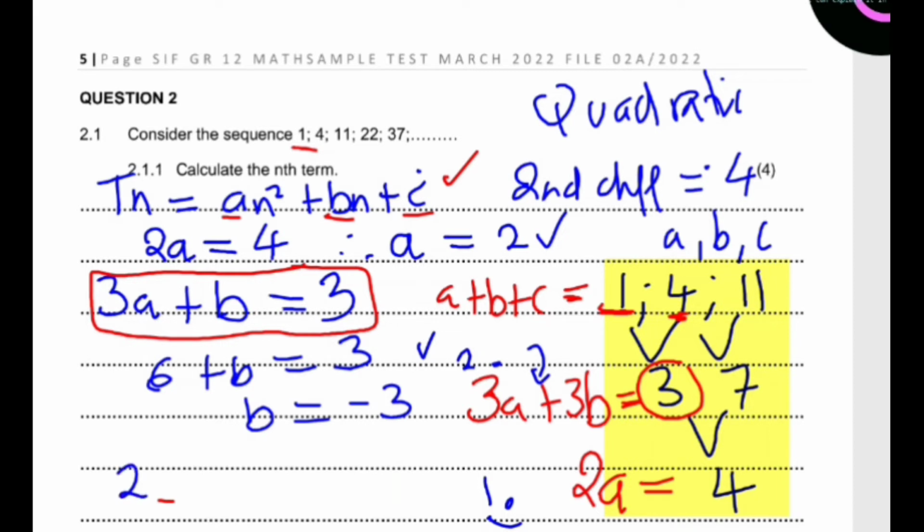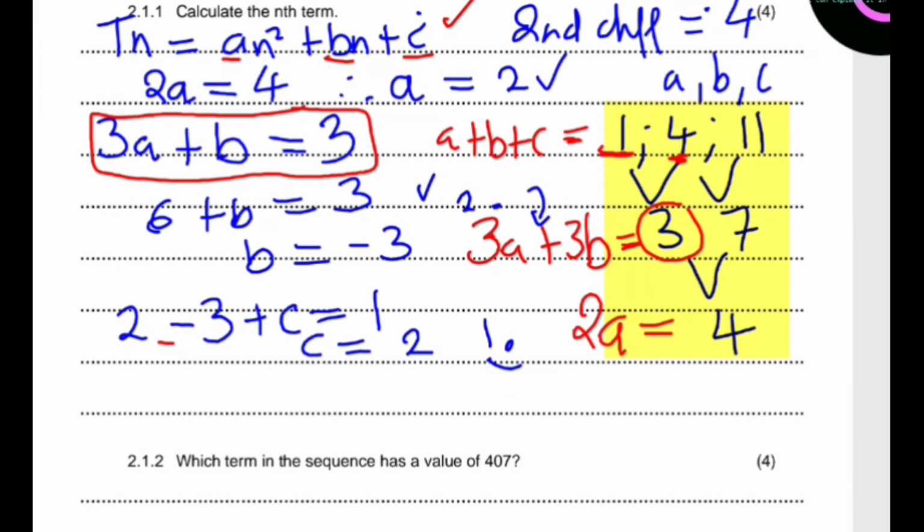In other words, 2 minus 3 plus c equals 1. Solve this little equation, I get c equals 2. Once I've solved that c equals 2, I now know what a is, what b is, and what c is. I just come in and say Tn equals 2n squared minus 3n plus 2.